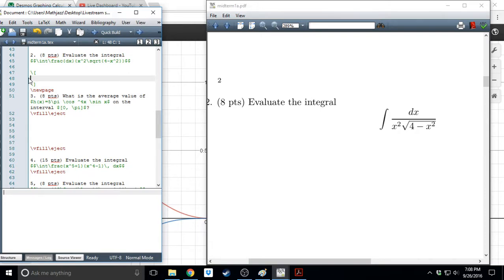Okay, so let us try that. The substitution that I want to try is 2x equals, let's see, we're subtracting, I'm thinking that this wants to be sine of theta.